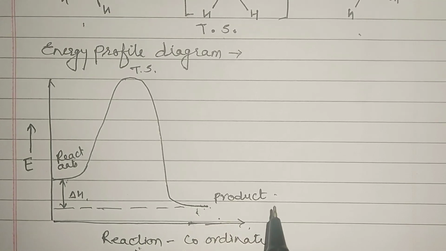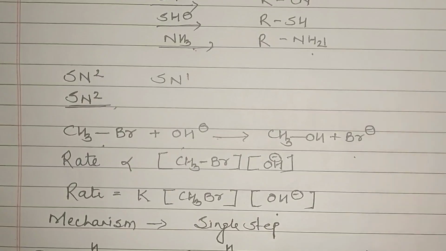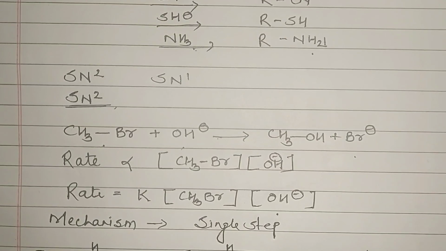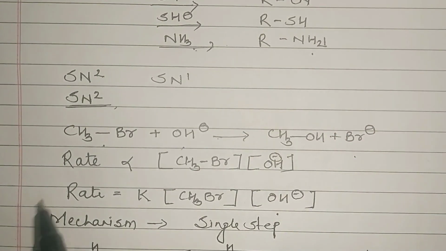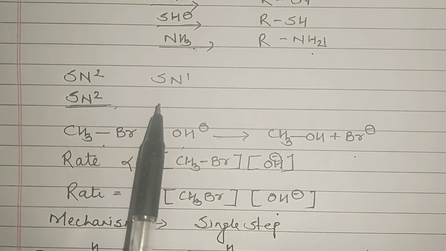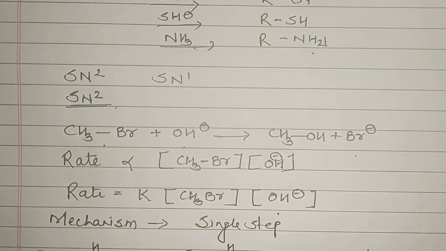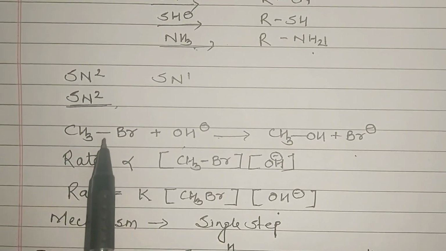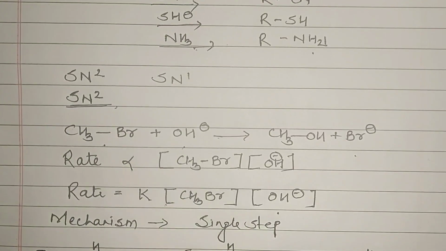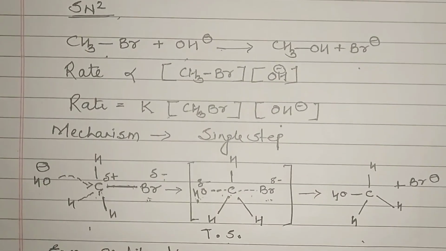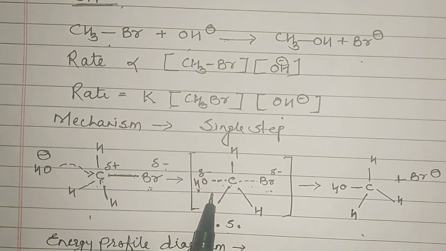So this is enough for today. Today we learned examples of substitution reactions, the types of reaction, that is nucleophilic substitution at saturated carbon. Then we saw the kinetics of the SN2 reaction, then the mechanism of this SN2 reaction.